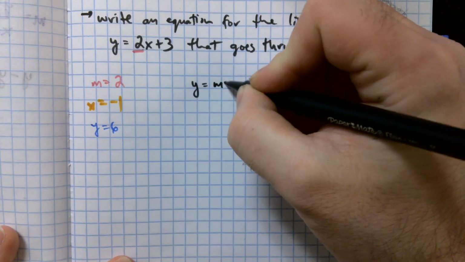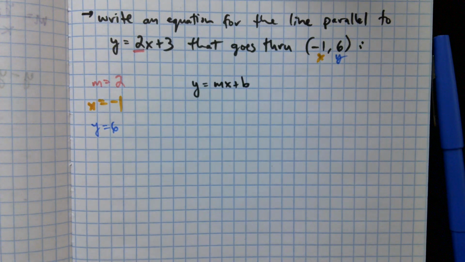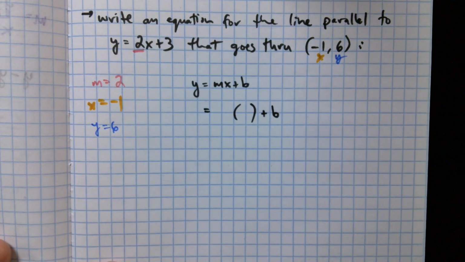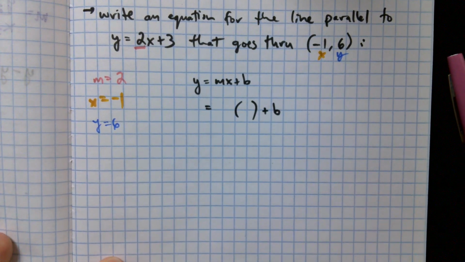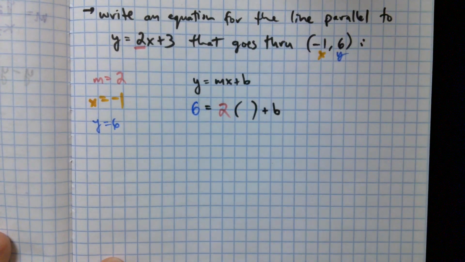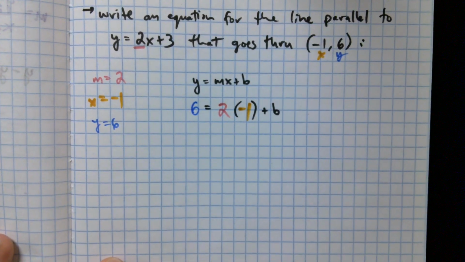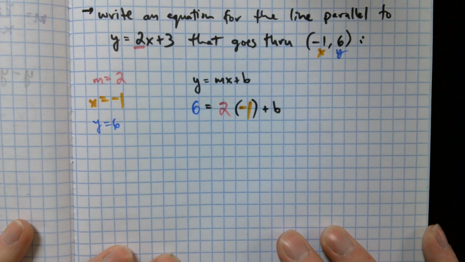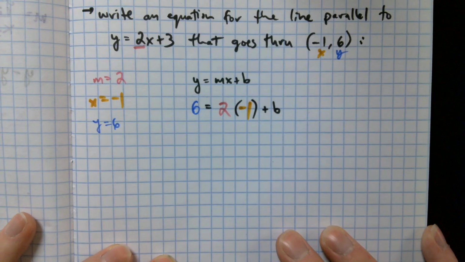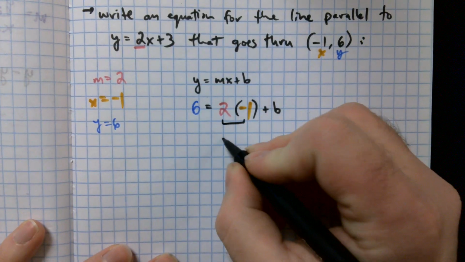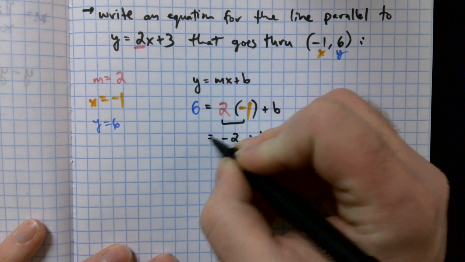Y equals mx plus b is going to turn into, what's my y value given to me here? 6 equals my m, which we said was 2, times x, which is -1, plus b. What is 2 times -1? -2 plus b equals 6.